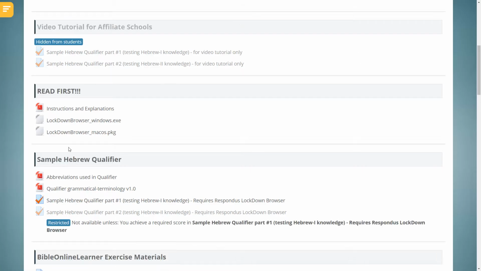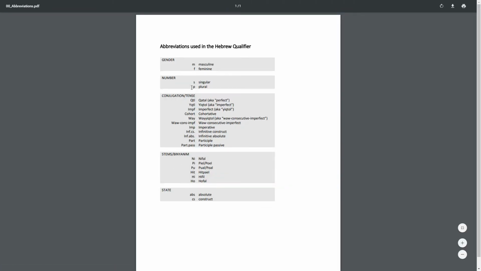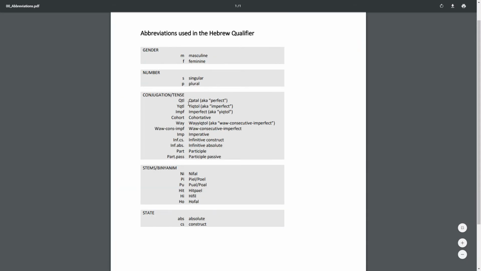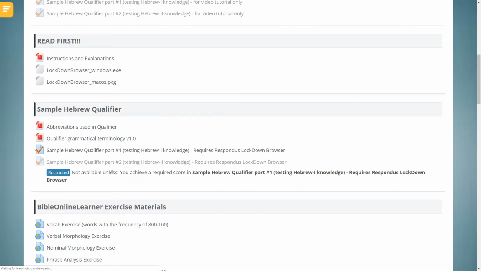Then there is an abbreviation PDF, abbreviations used in the qualifier. Here you have a list of abbreviations that we use. They are all standard abbreviations, so your students should be fine, but to double check, make sure that you have your students covered on abbreviations.